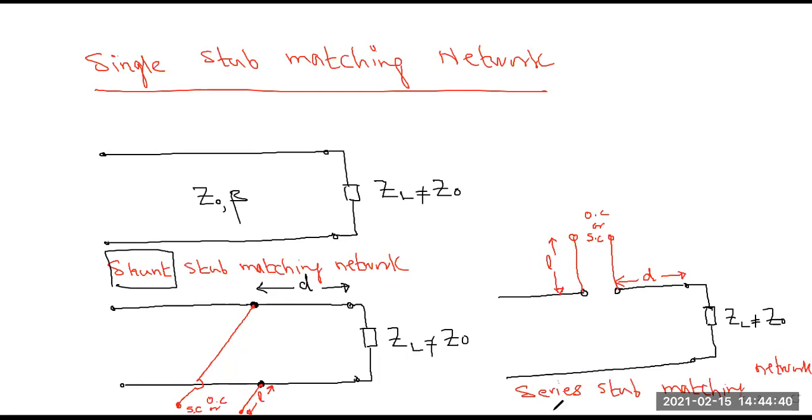Series stub matching. So again, the difference, whether it is a series stub or shunt stub, is right in front of you. When you connect the stub parallel to the main transmission line, then it is a shunt stub matching network. And when you connect the stub in series with the main transmission line, then it is known as series stub matching network.